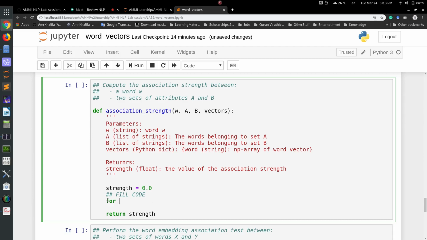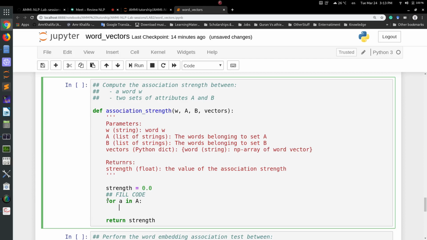Let's just do a normal for loop: for a in A, strength plus equals cosine of the word vector of W. So here W is the word vector that I need to find the strength for, and A is the list of strings. So these are the words that belong to set A. B is the list of words that belong to set B, and vector is the word vector dictionary that we used before. So here we're going to complete the function.